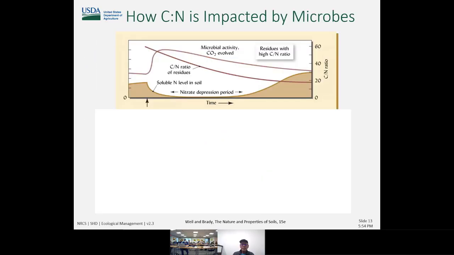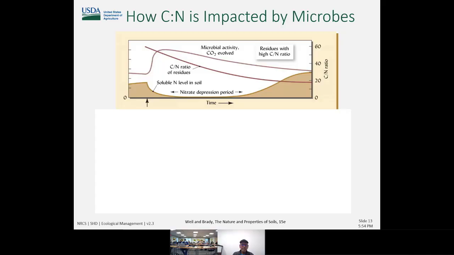Here is the change in microbial activity, soluble nitrogen level and residual nitrogen ratio following the addition of either high C:N residue, in the upper figure, like corn stover or mature small grain. In the lower figure, it shows that the C:N ratio is much lower. An example is going to be legumes and other forms.